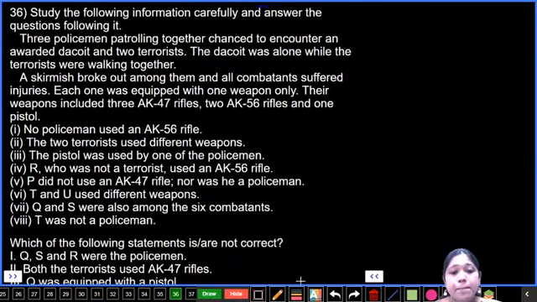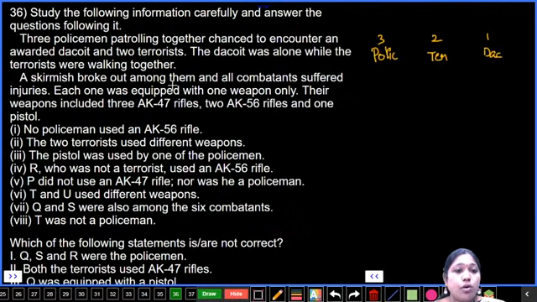It is a puzzle. What is given here means there are 3 policemen patrolling together who chance to encounter an armed dacoit and 2 terrorists. The dacoit was alone with the terrorists, and the 3 were walking together. So in the data we have 3 policemen, 2 terrorists and 1 dacoit.